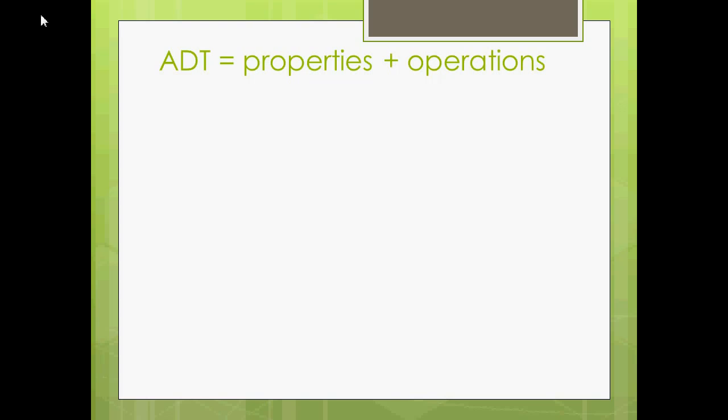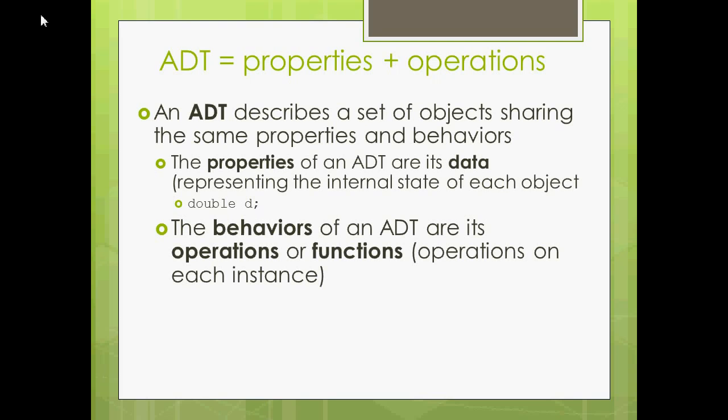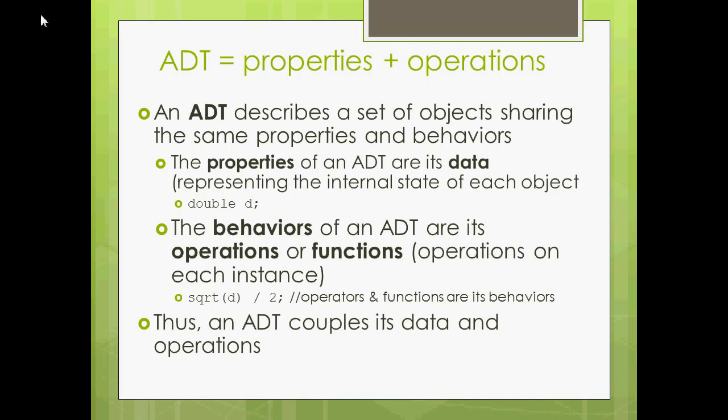Whenever he wants to represent me in his code, he'll use that. Properties are always represented with data, and behaviors are represented with operations, our functions, our methods. If you look a little into it, it's more towards object oriented programming.